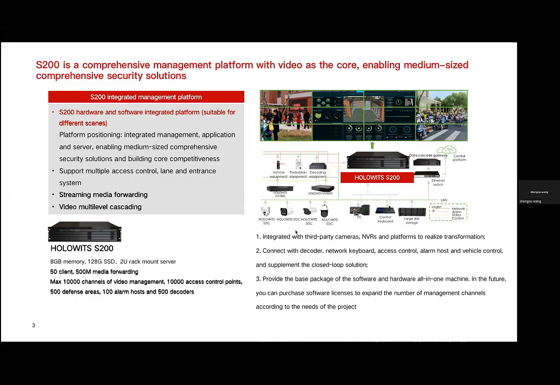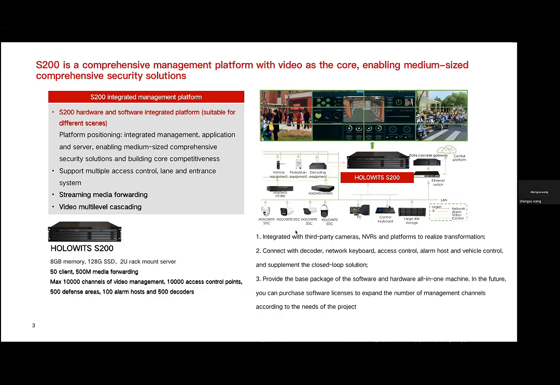When you buy or when you see the HOLOWITS S200, it's a hardware. So you get a hardware. More specifically, it's a server. It's a 2U rack mount server, but it has the VMS built in.